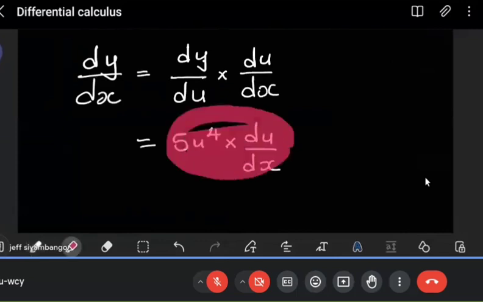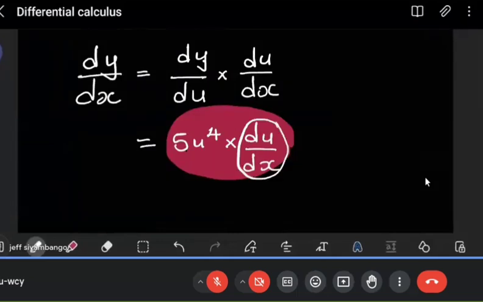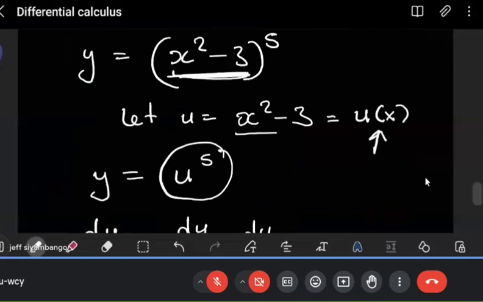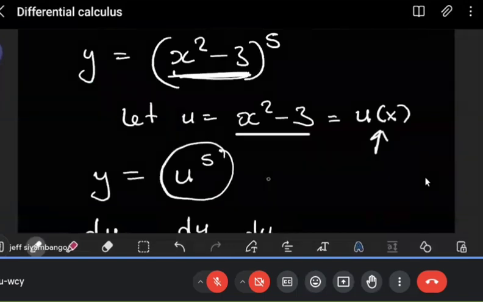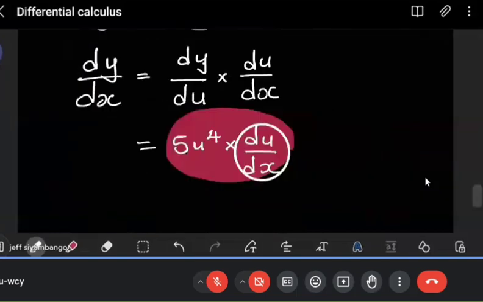But the only difference is we will not be evaluating this derivative of u with respect to x. For this case, we know what u is. U is x squared minus 3, so you can differentiate it. But for implicit functions, we have no clue what u is. So we will not be able to get du dx, so we will leave it the way it is.